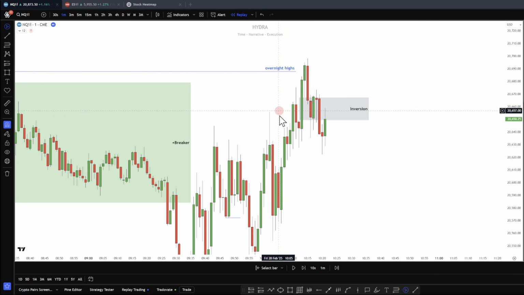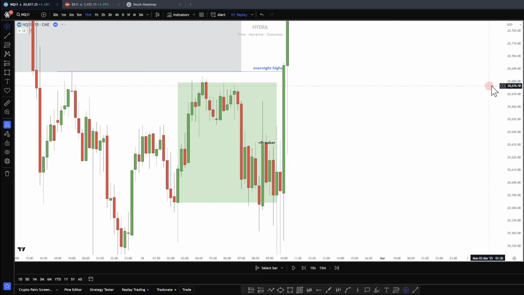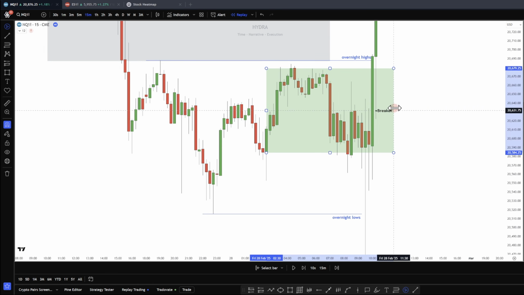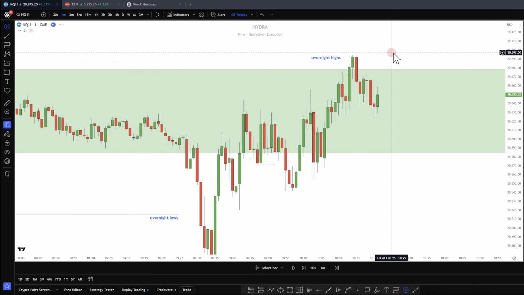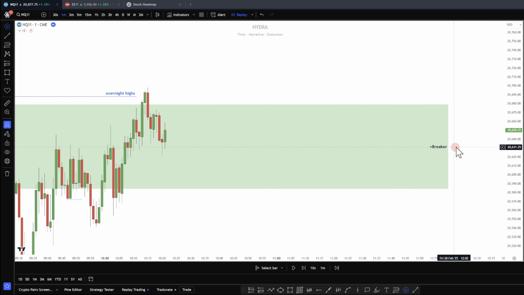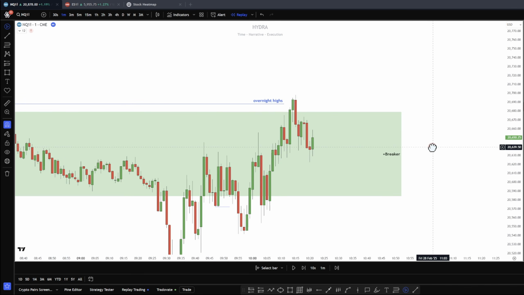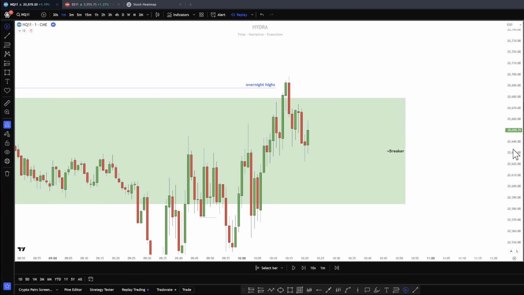I also informed my viewers on stream inside Discord, my students, that do not go for a short from here. As long as a higher time frame bullish area like this 50-minute breaker block is getting respected, you do not want to look for a short, right? So once this bullish 50-minute area gets violated, then I can look for a short.